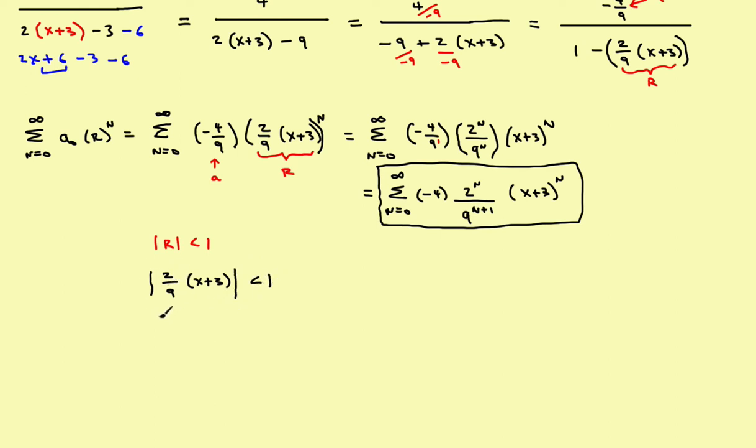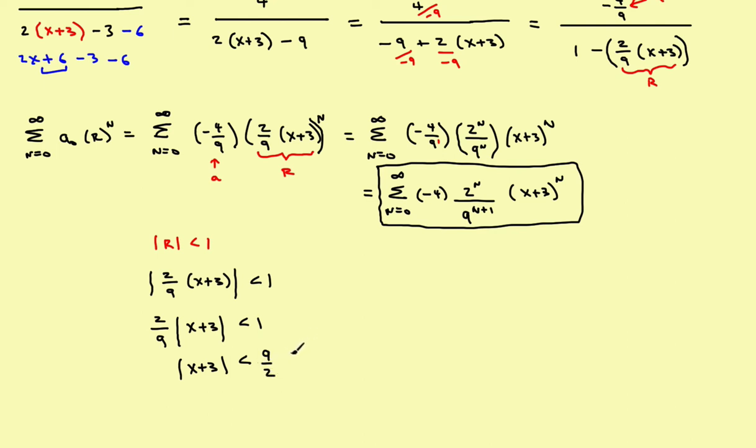Again, you can bring the 2 ninths outside the absolute value, so that's going to be 2 ninths of the absolute value of x plus 3. That has to be less than 1. Now, it's a fraction, so invert and multiply. That's going to be the absolute value of x plus 3 has to be less than, and when you bring it over to this side, it becomes 1 times 9 halves.